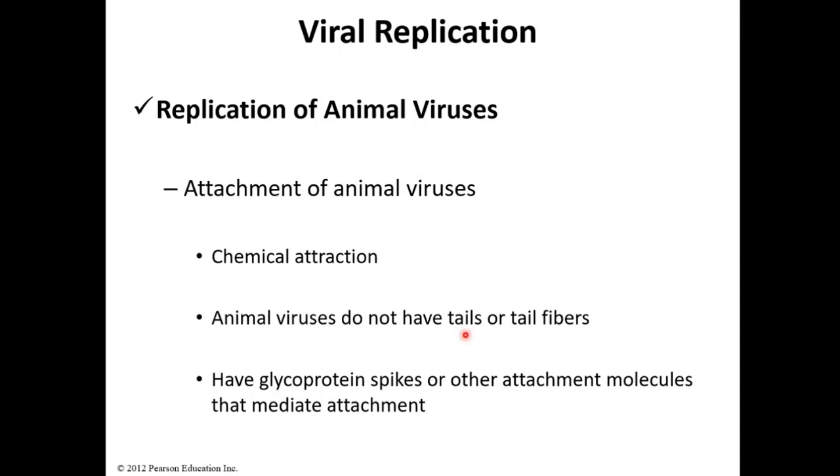They don't have that tail that allows ejecting the nucleic acid into the host cell. Rather, they have to either get in or bind. They have glycoprotein spikes or other attachment molecules that mediate attachment to the host cell.